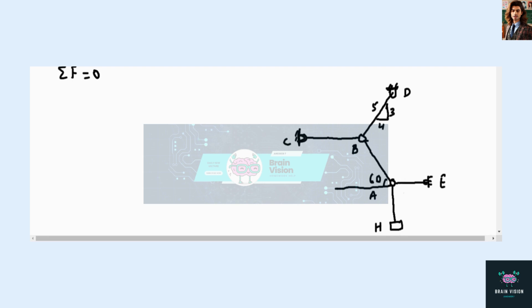In this problem we have to calculate the largest mass of the pipe which can be suspended from H point.